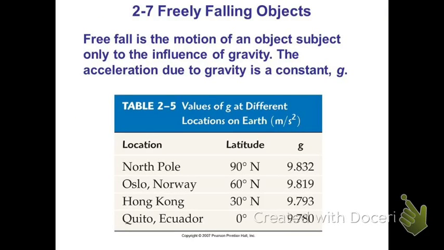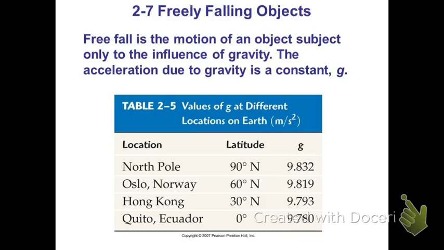When you release an object from a certain height, it will fall down with a constant acceleration. It will increase its speed linearly, and this acceleration is known as the gravitational acceleration. The gravitational acceleration is nearly constant on the surface of Earth, although it depends on the location on Earth.